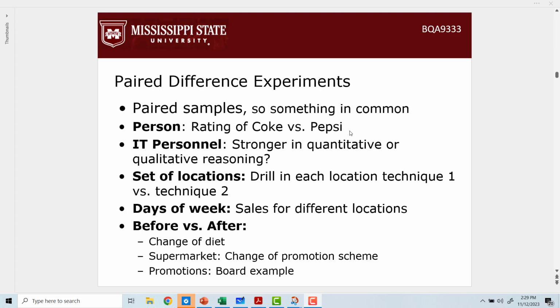We also have two different drilling techniques that we try at different locations, and the location is actually the pairing value rather than, say, a person. So we don't necessarily need to have people, but we usually do.